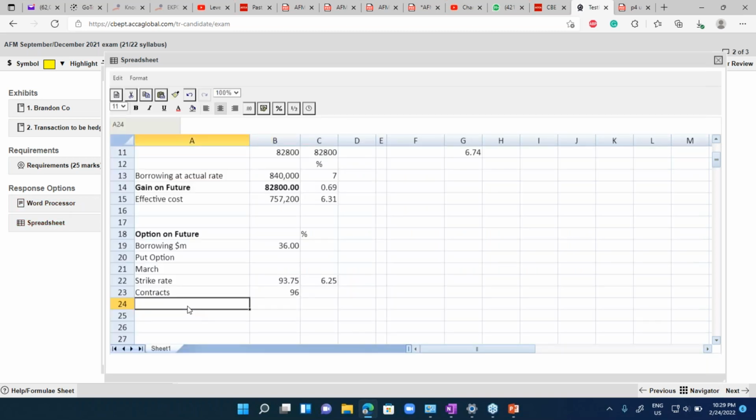Next, calculate the premium cost. What is the premium cost?